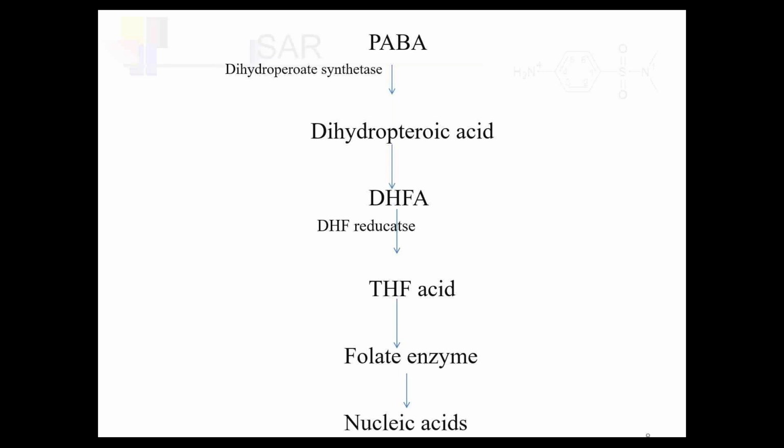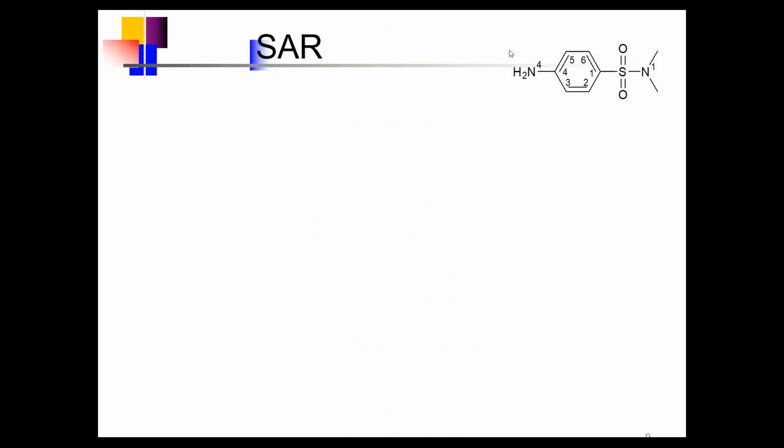Eventually the infection shall reduce. Now what you see on your screen is the parent compound from which different types of sulfonamide drugs have been designed. So this is the parent compound, where on position number 4 you have the amine group NH2.